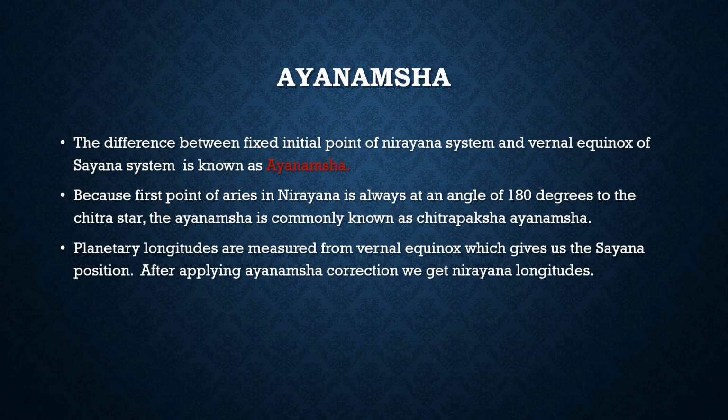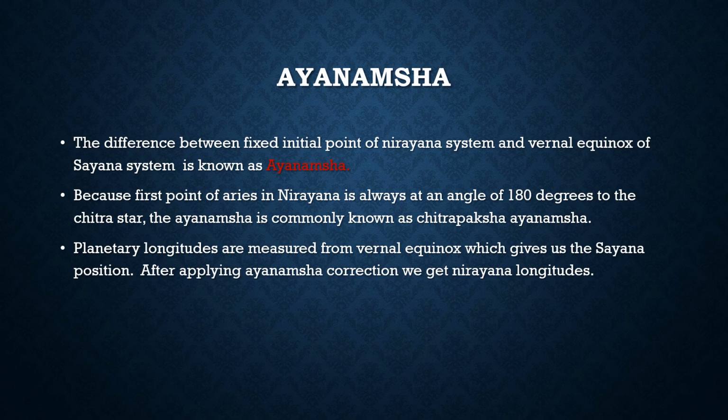A very important thing is Ayanamsha. We know that in the Niryana system there is a fixed initial point, and in the Sayana system you have the vernal equinox, which will keep on shifting. Whatever the difference between the fixed initial point of the Niryana system and the vernal equinox of the Sayana system, this difference is known as Ayanamsha.